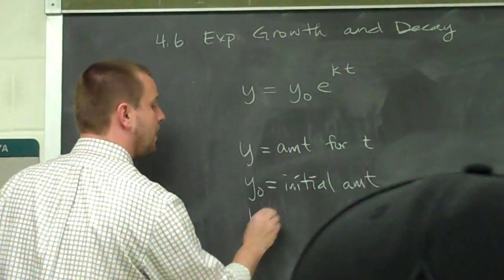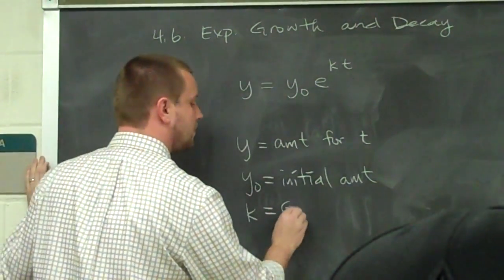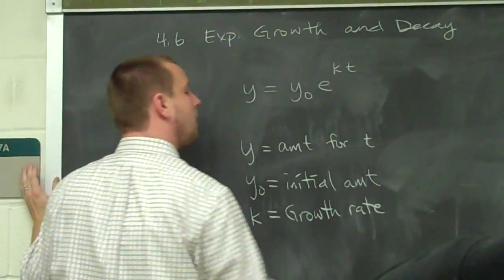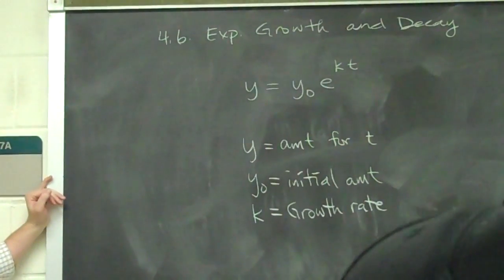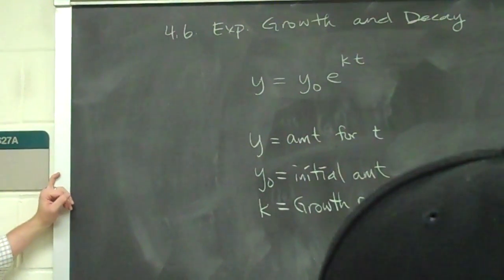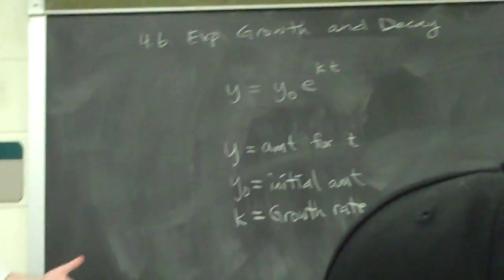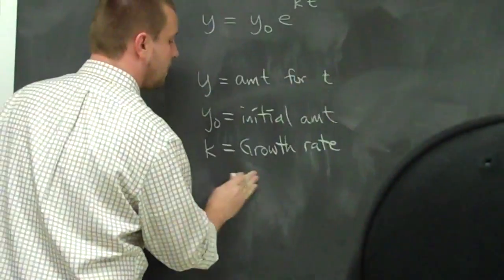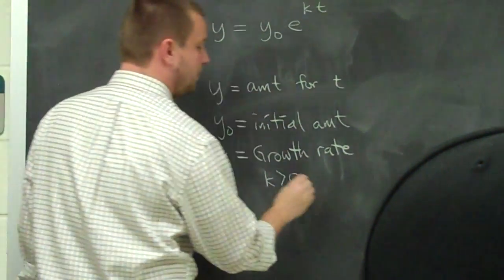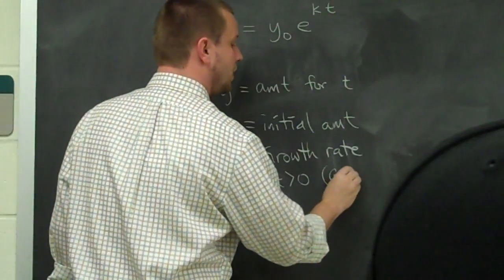K is our growth rate. Now K could be positive or negative. And whether it's positive or negative is going to determine whether we have a growth problem or a decay problem. Okay? So if K is positive, if it's greater than 0, then this is what we would usually call growth.